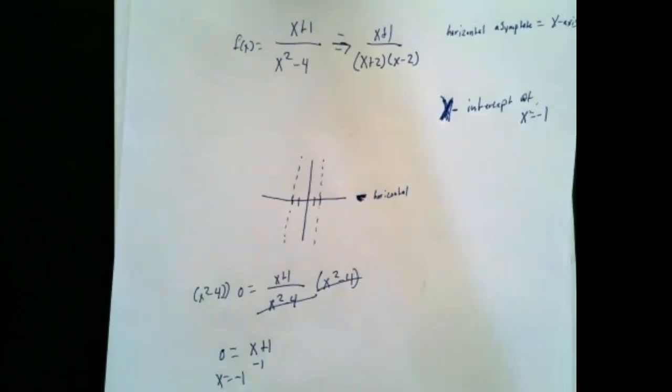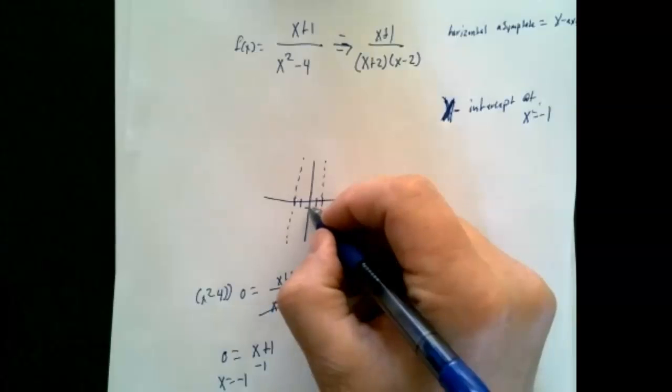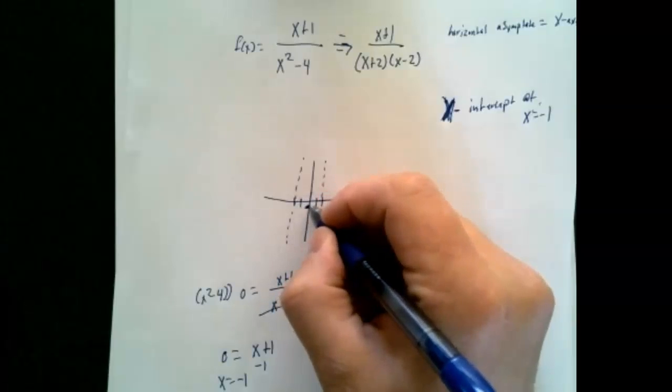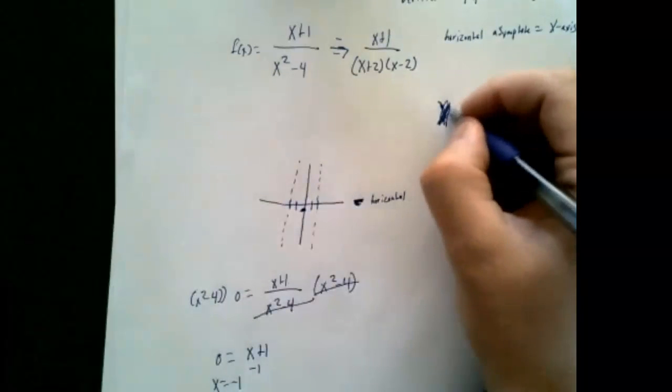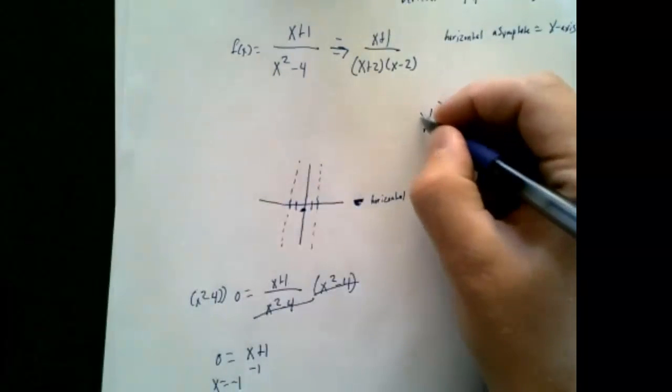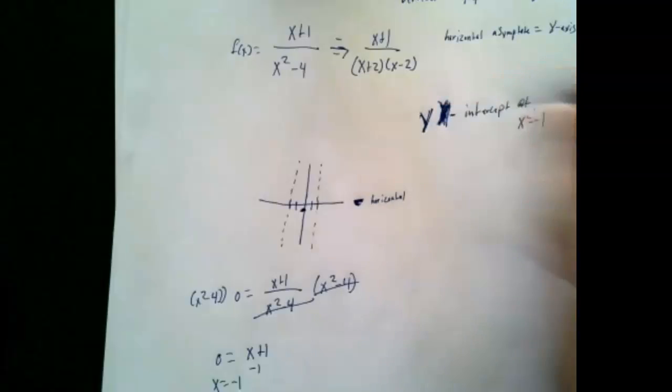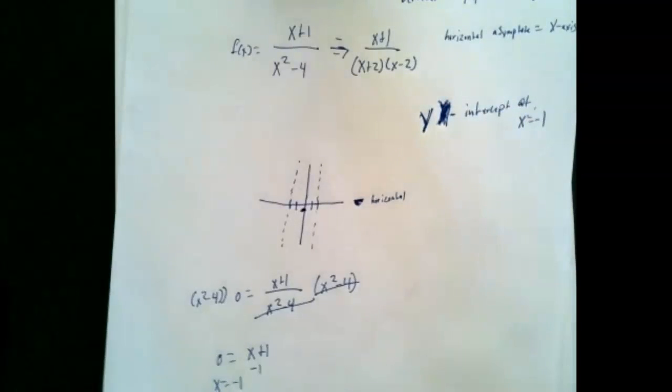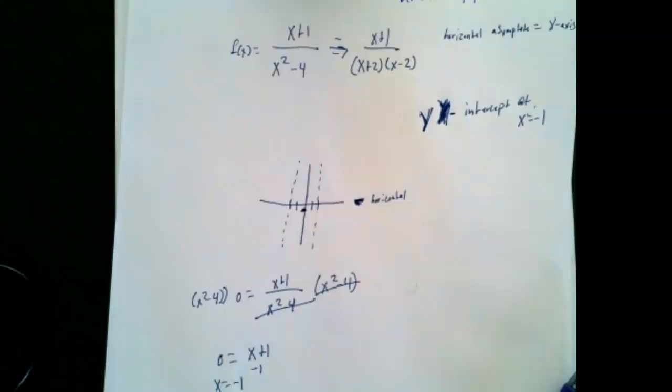Sorry about that. No. Negative 1 there. Right there. Yeah, it's a y-intercept. What am I doing? Because our horizontal asymptote is at the x-axis, we can't have an x-intercept. We can only have a y-intercept.